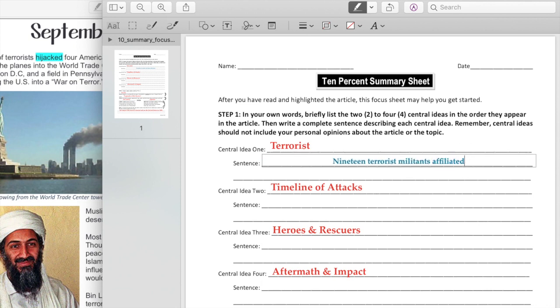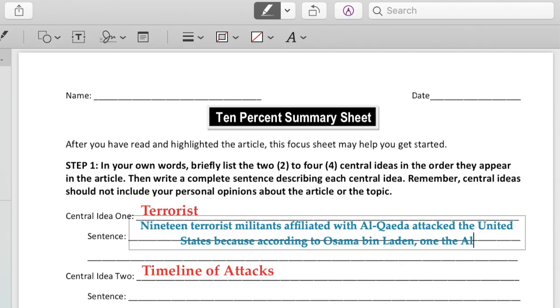So 19 terrorist militants affiliated with Al-Qaeda attacked the United States. And it looks like I'm at my limit here. Al-Qaeda founders.